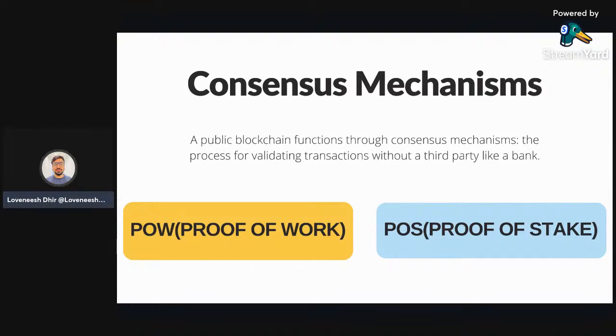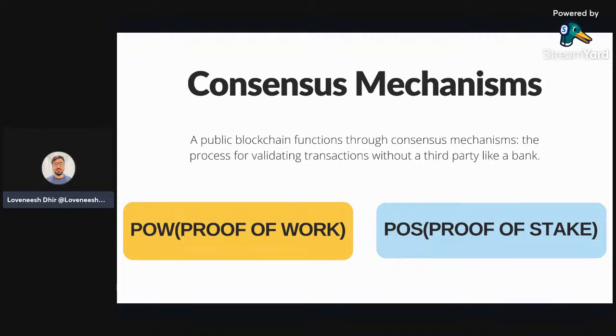So in proof of stake, individuals are not technically mining a block, and there is no block reward. Instead, blocks are forged. Those participating in this process lock a specific number of coins on the network.